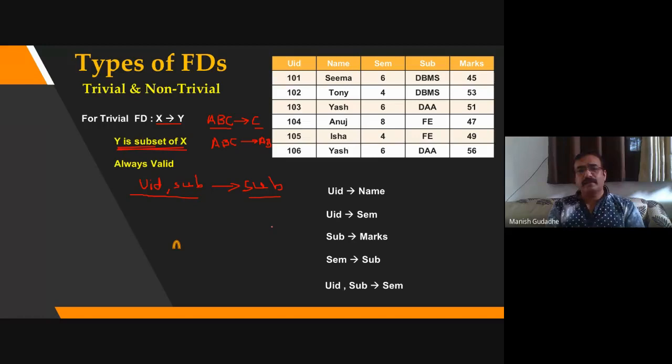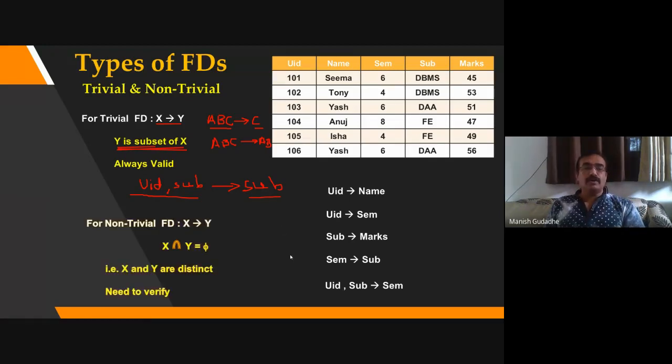Why is it valid? Because I am giving you the information which you are trying to retrieve. So it is always valid because the first person is the provider of that information. This is trivial, which is always valid. But when I talk about non-trivial dependency, in this case, Y and X are distinct. In this FD, this FD, or this FD, this is X and this is Y. These are distinct.